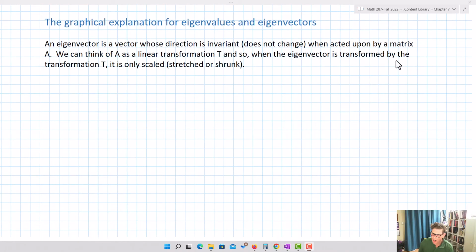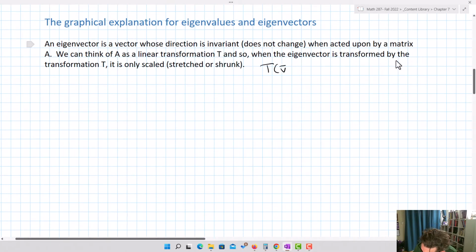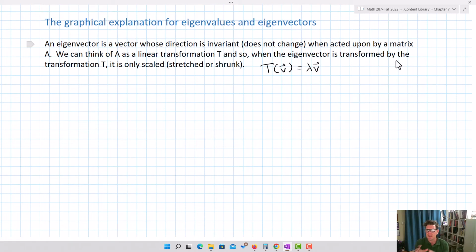So what we just saw was a vector V that when we multiplied it by A, we either stretched or shrunk the vector V. Basically we scaled it. If we imagine that A is a linear transformation, then T of V equals lambda V. So what the transformation does to this vector V is that it just stretches or shrinks the vector, and it could possibly reverse it.